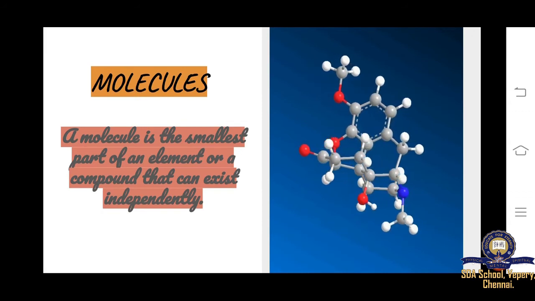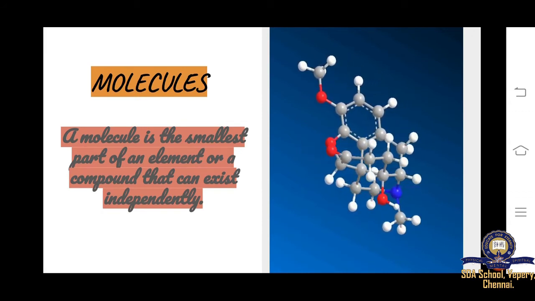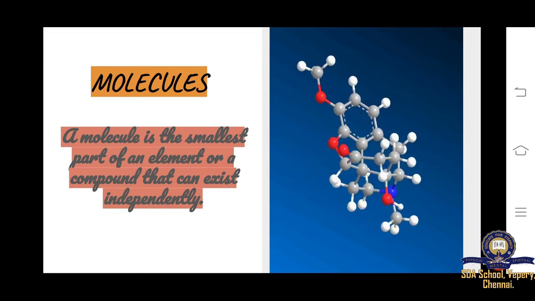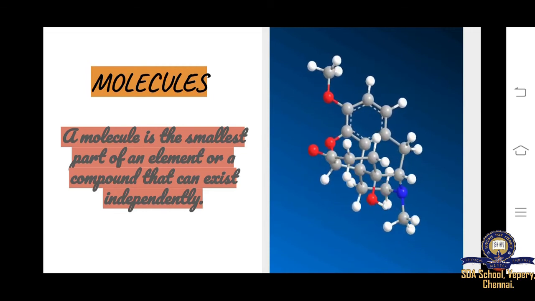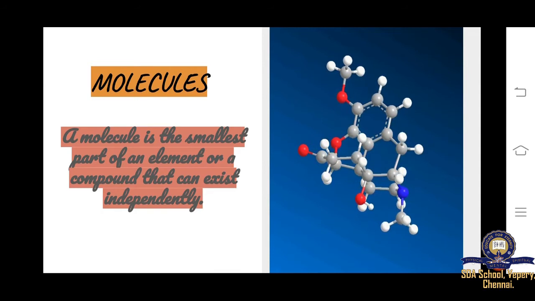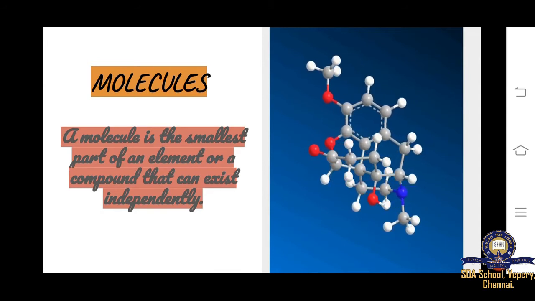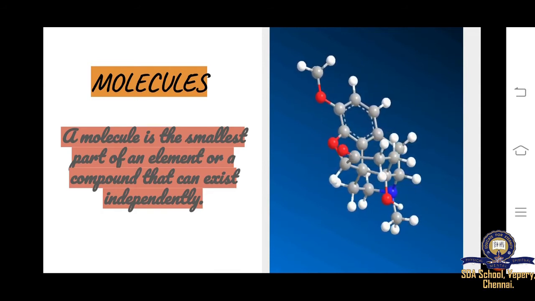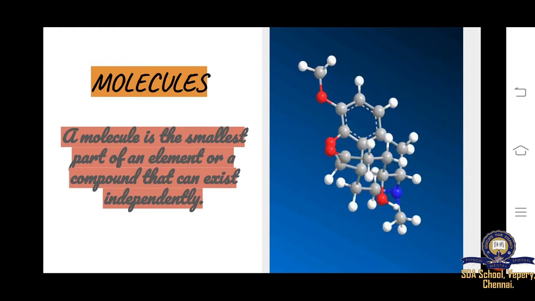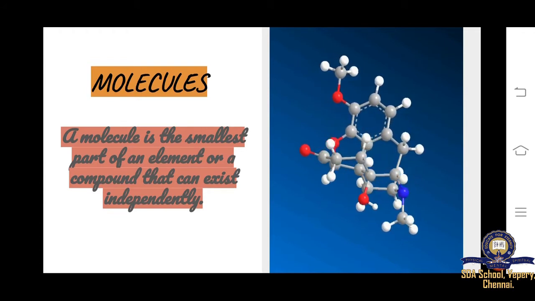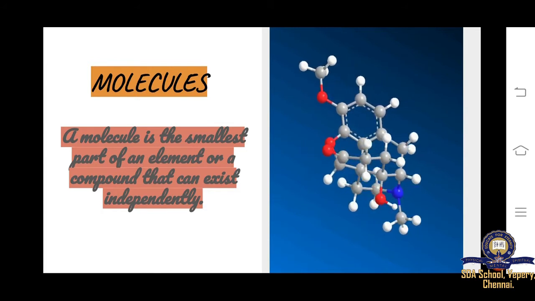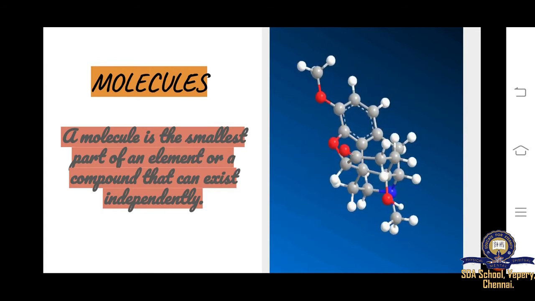Only a single atom cannot be stable for a longer time, so atoms combine with other atoms to make a compound. These compounds are very stable for a long period of time. So either we call it a compound or a molecule. Here in this picture we have an example of a molecule.